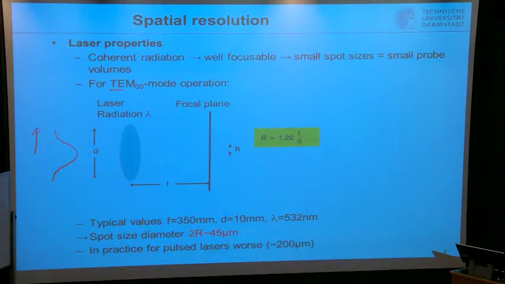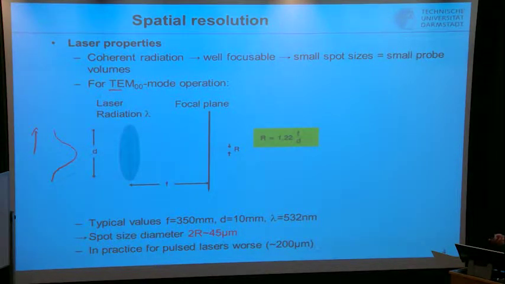For that case, you have now, due to the lens and the finite dimension of the lens, something like an aperture, and you might remember, I guess from school physics, that you then create here an interference pattern, an Airy pattern, where you can calculate for the main maximum, the zero order, the diameter, and this diameter is dependent on the focal length, on the wavelength, and on the diameter of the laser beam at your lens.